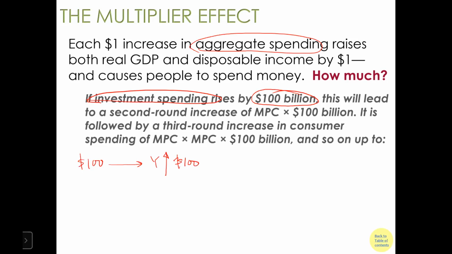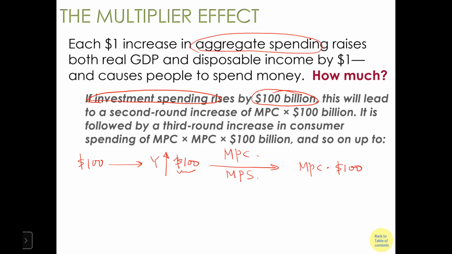Okay, and then what are you going to do with this money? We just learned MPC and MPS, right? So you're going to spend a fraction. That just means with this additional income, you're going to spend a fraction, which is MPC times 100 billion, right?